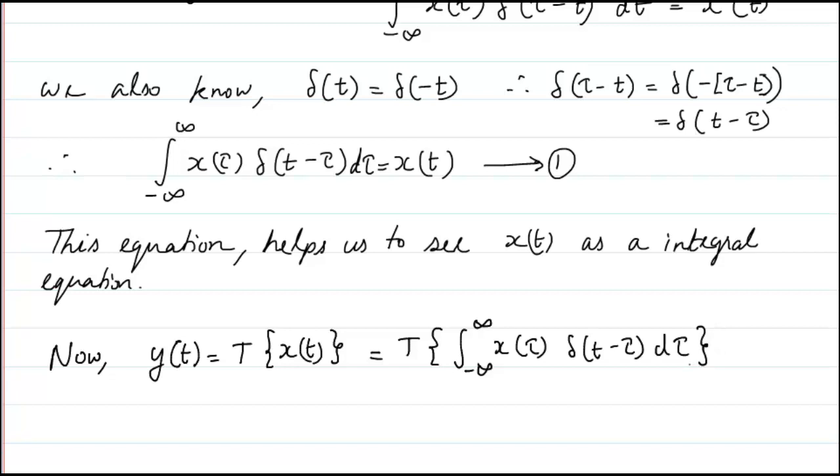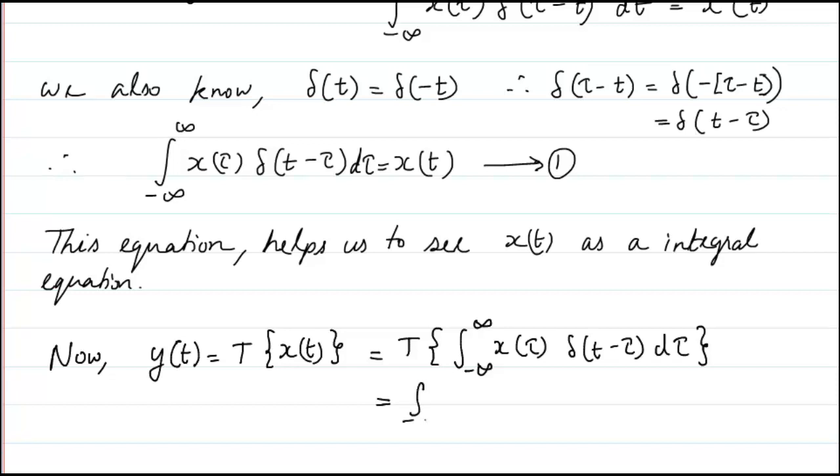Now I can transform only what is there with respect to t. I cannot deal with tau. So I will take the tau terms outside.